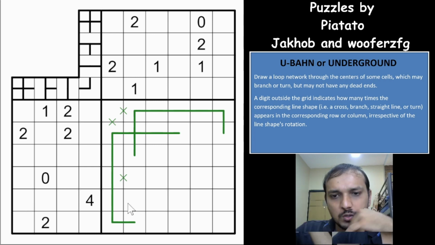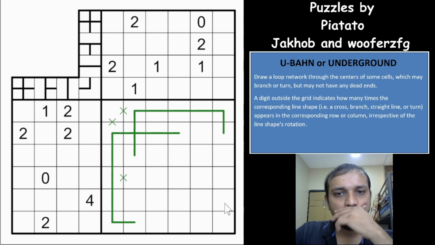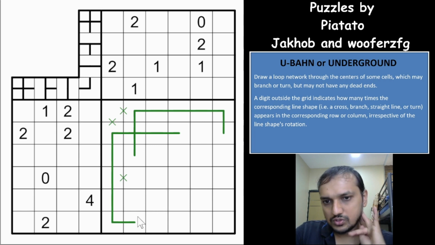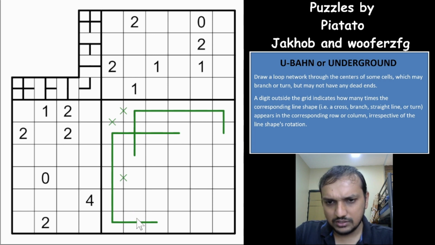So we'll have 4 U-turns here. You already cannot have a U-turn here, so all of these would have to be U-turns. 4 would have to be U-turns. This has to go straight at least, because it cannot be a U-turn, it can still be a branch.